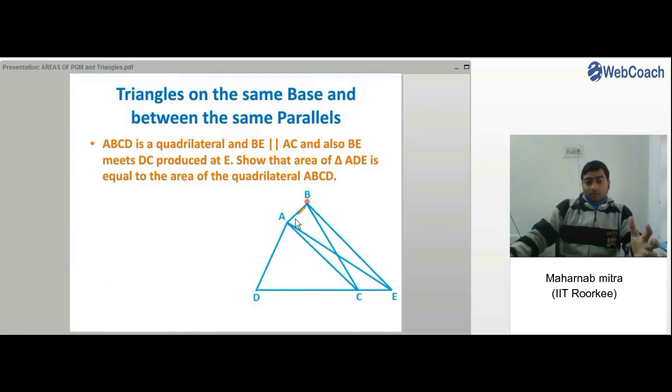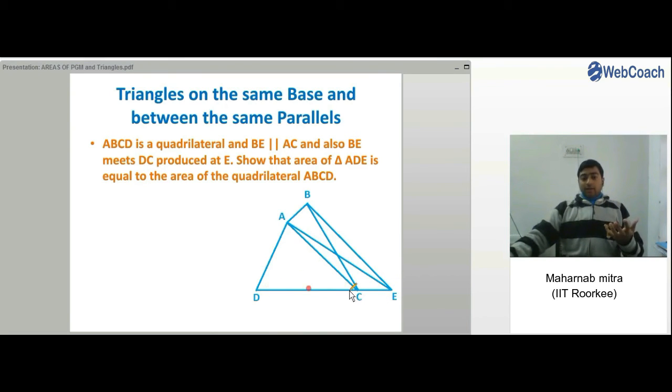ABCD is a quadrilateral, and BE is parallel to AC. BE is given, which is parallel to AC, and also BE meets DC produced at E. When DC is extended to E, BE meets DC at that point, right?